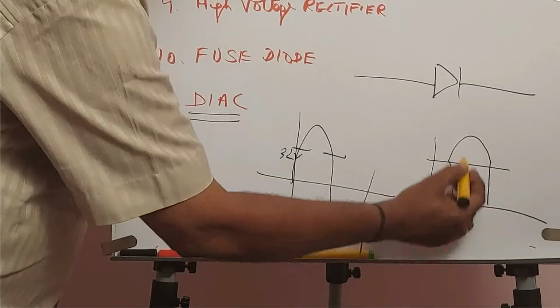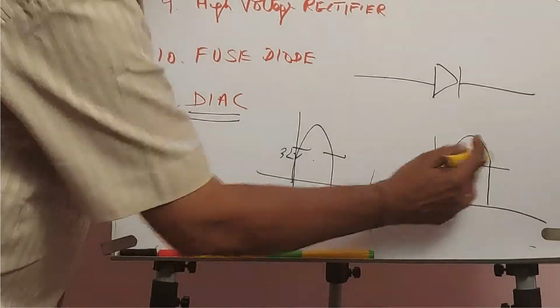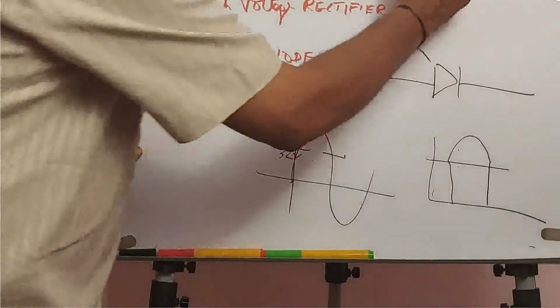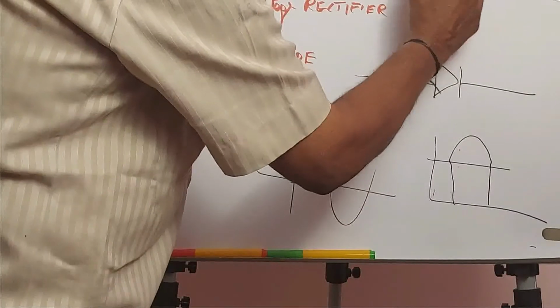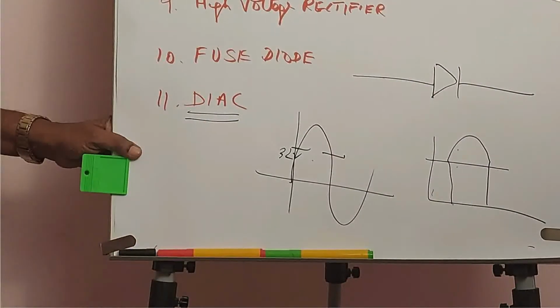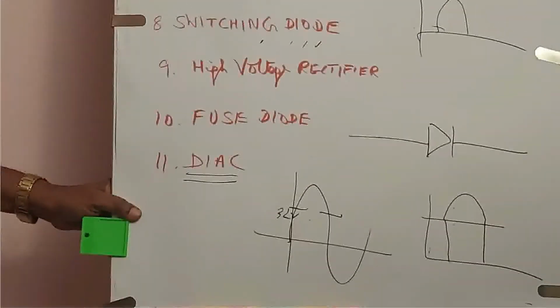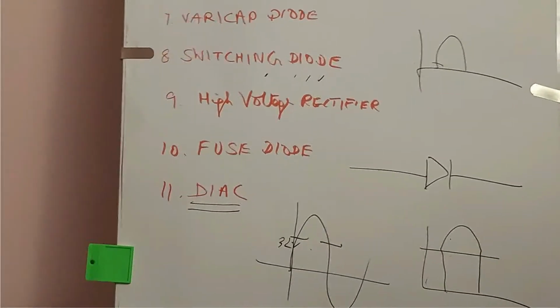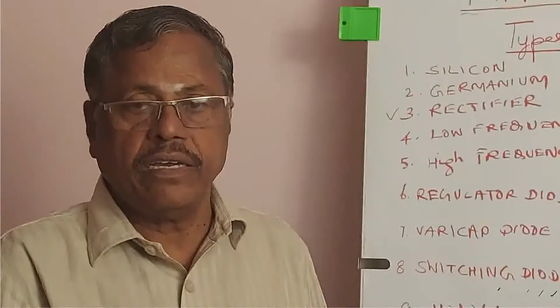So the waveform is converted such that only beyond 32 volts does it conduct, and less than that it will not conduct. Like that, there are certain applications in which you have to use such a diode.